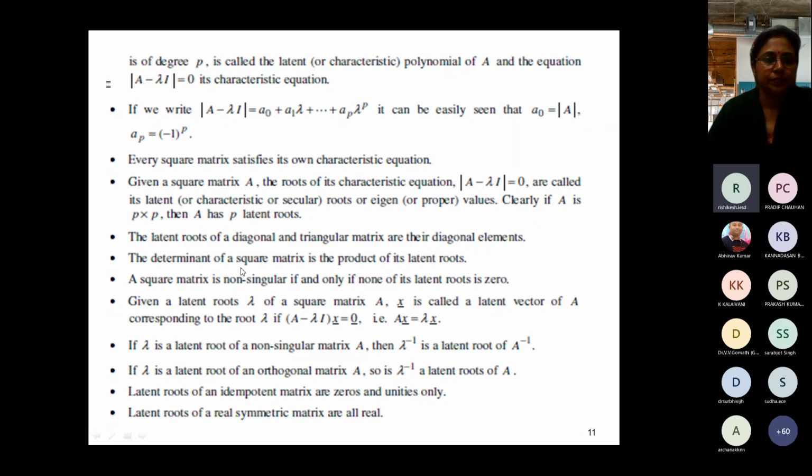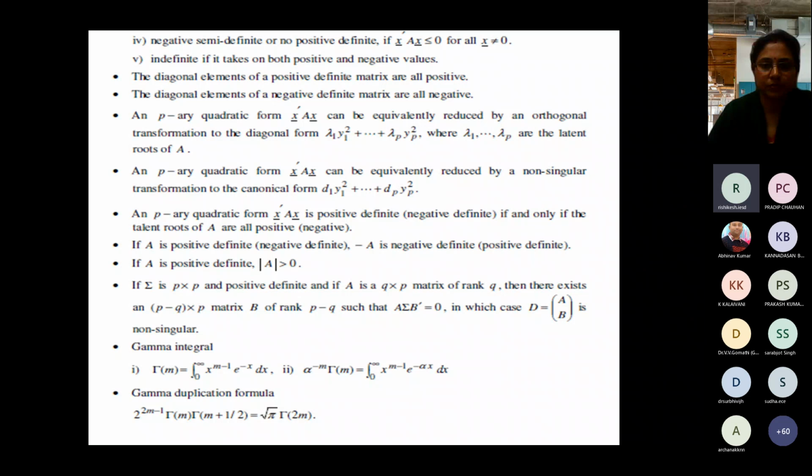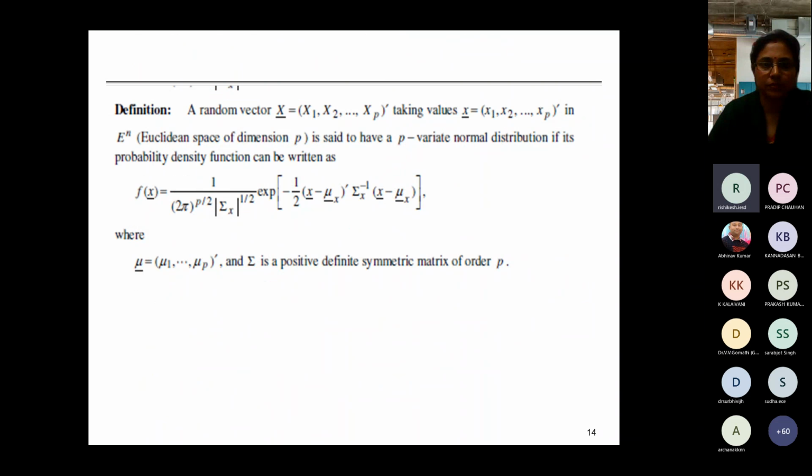The determinant of a square matrix is the product of its latent roots. A square matrix is non-singular if and only if none of its latent roots is 0. So there are many properties which are very useful. It will be shared with you, so a number of properties are here. So now come to the point directly.